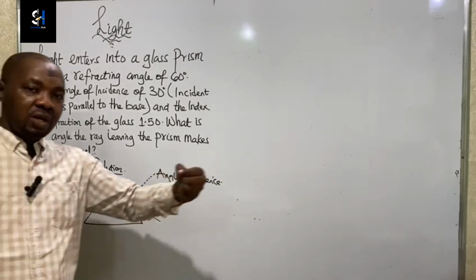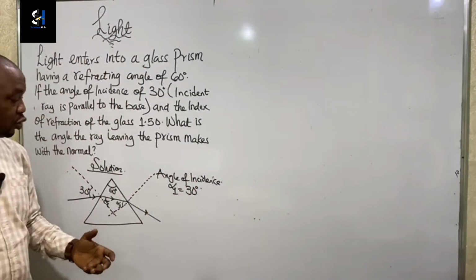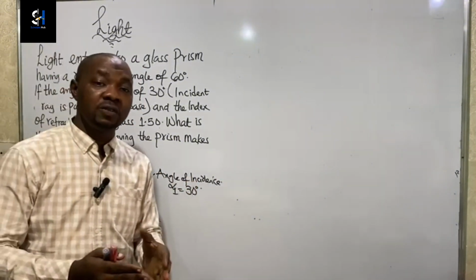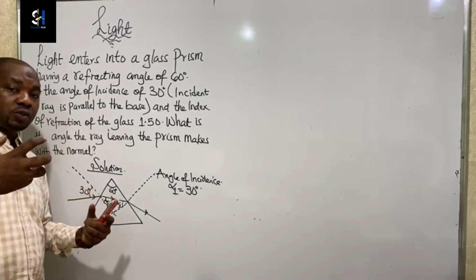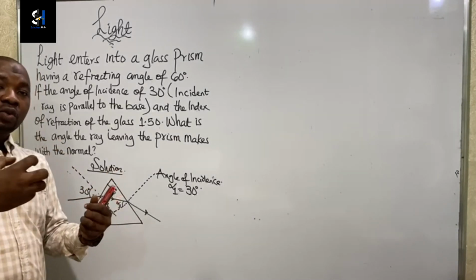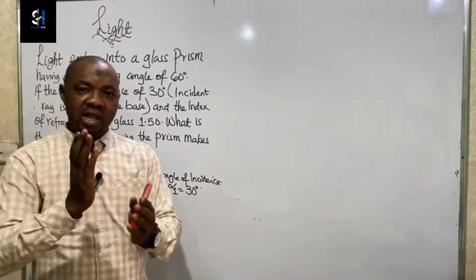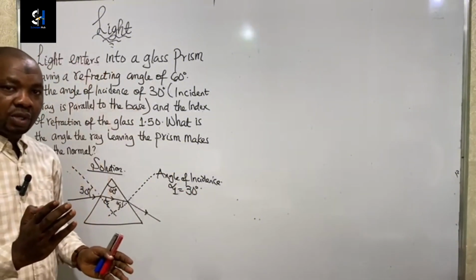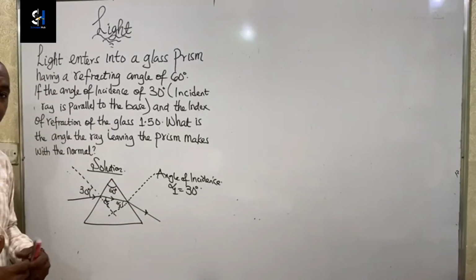When they spread out, they spread out in the form of a series of colors. This series of colors is what we call the visible spectrum, because the band of colors which emerges from a prism when a white light strikes the prism is what we call the visible spectrum.